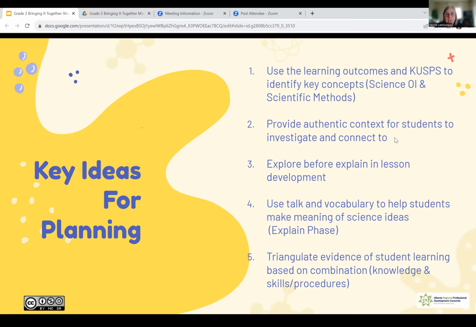I'll talk more about that, as well as strategically when the explain phase is when to introduce vocabulary to help students make meaning and connect to those science ideas. And then we should consider triangulation of evidence when we're doing formative assessment on how my students are progressing with their learning and meeting the skills and procedures towards the learning outcome.